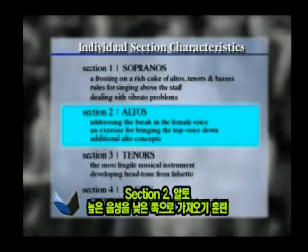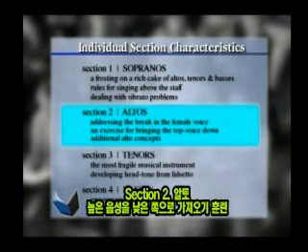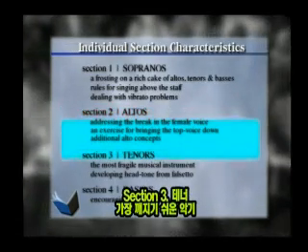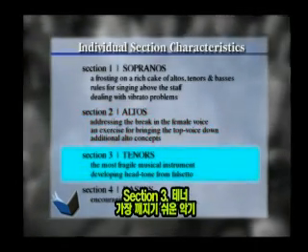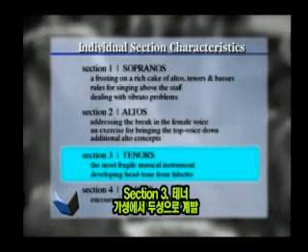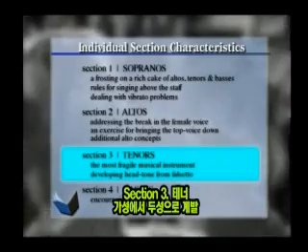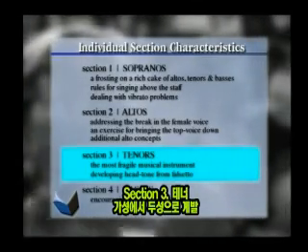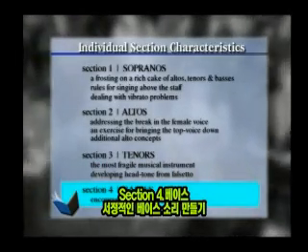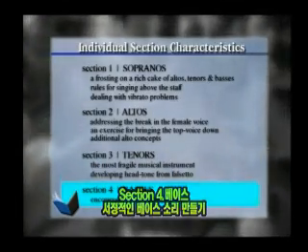An exercise for bringing the top voice down, and additional alto concepts. Section 3, Tenors. The most fragile musical instrument. Developing head tone from falsetto. Section 4, Basses. Encouraging a lyrical bass sound.